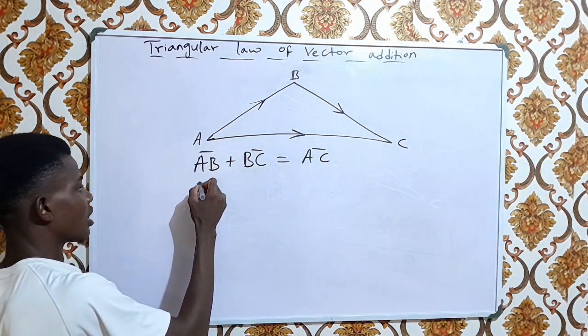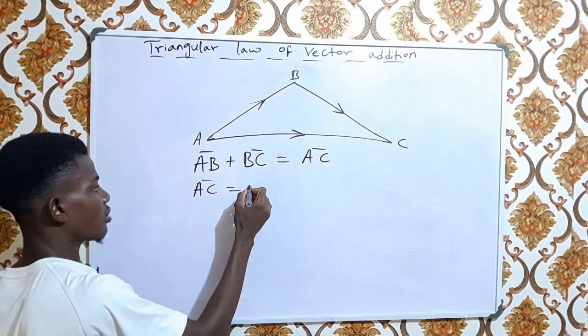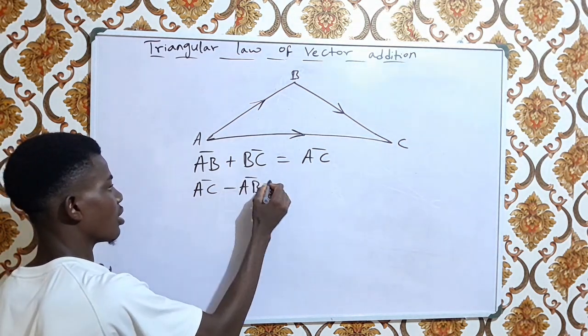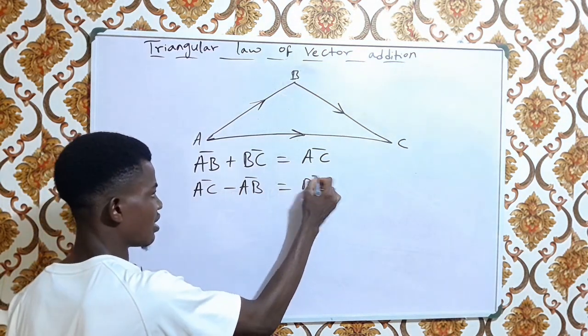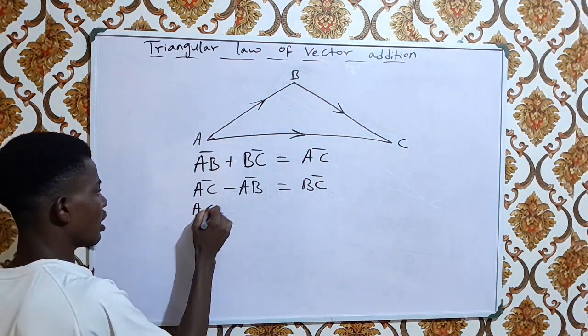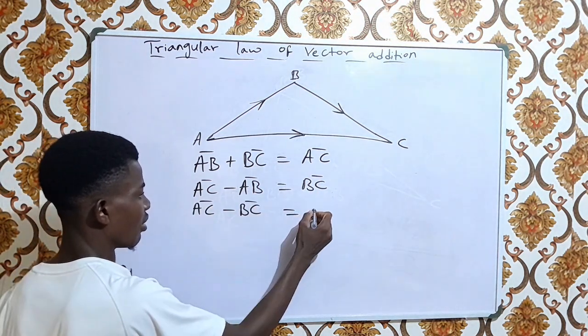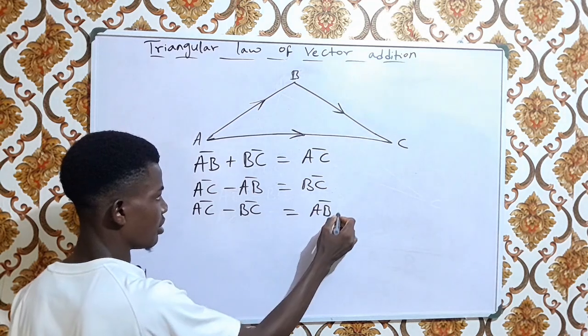We can see that AC minus AB will give us BC. The same thing, AC minus BC will give us AB.